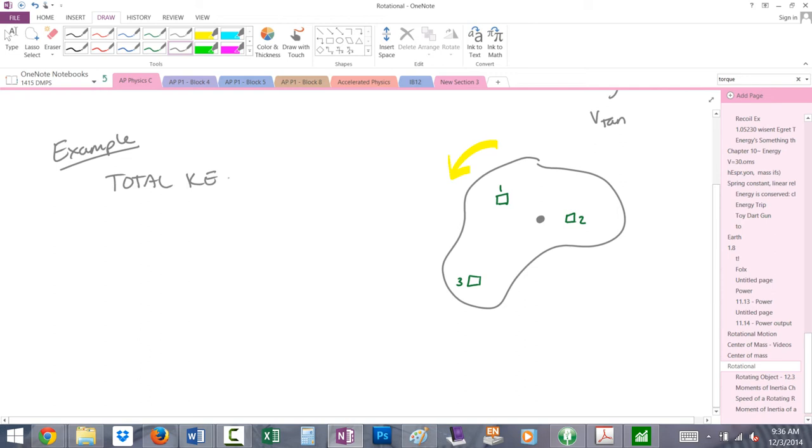So the total kinetic energy is going to be the kinetic energy of 1 plus the kinetic energy of 2 plus the kinetic energy of 3. Easy enough. And each of those pieces has a velocity. Would you agree? Go ahead and draw the velocity vectors in there for those pieces. And once you've got some vectors, check with your neighbors and see if they agree.